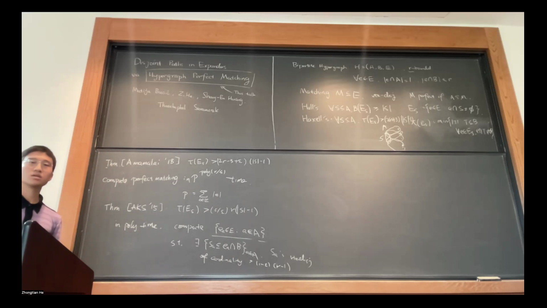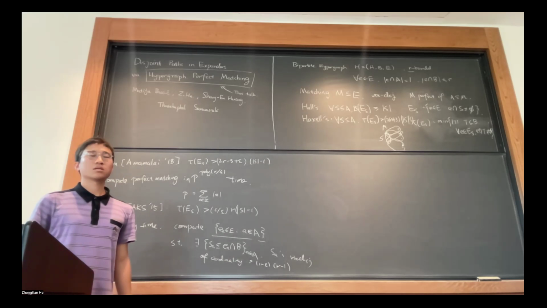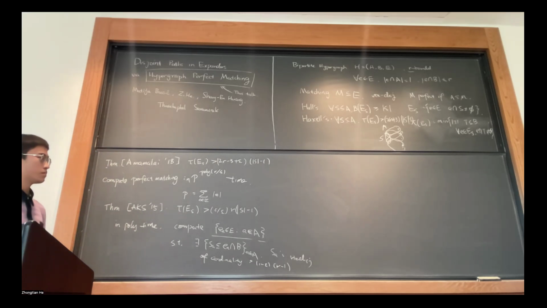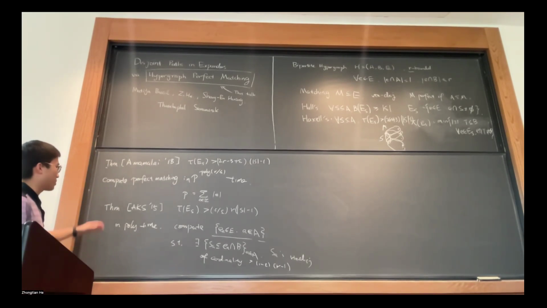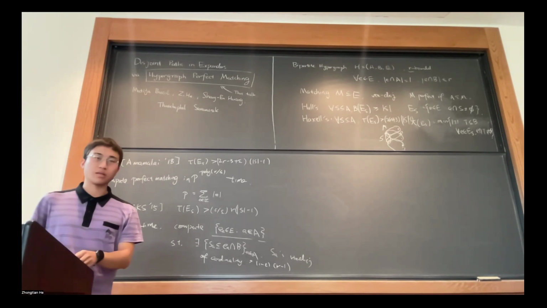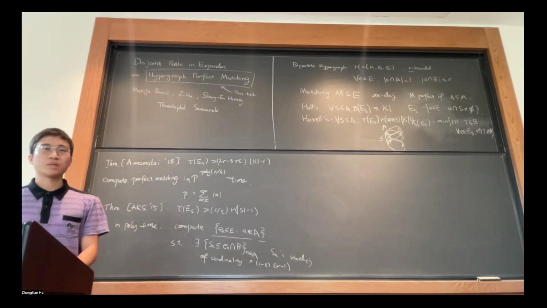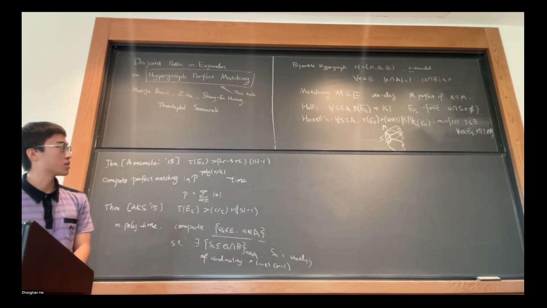Question: could you briefly, in one or two sentences, restate the idea of this second theorem? I think all of the algorithms, including ours that I haven't stated yet, are based on an alternating tree or alternating forest. In a normal graph, one might just need to find alternating paths.